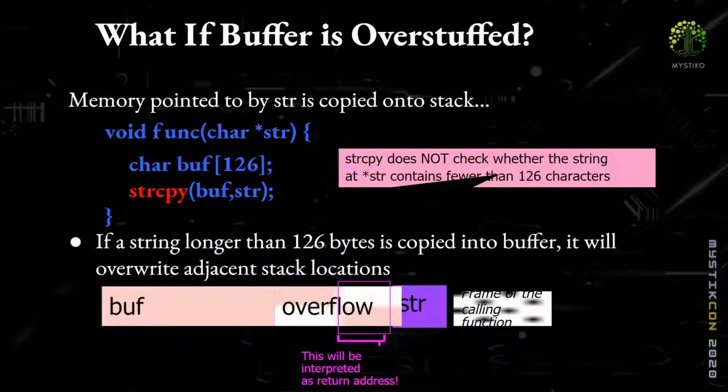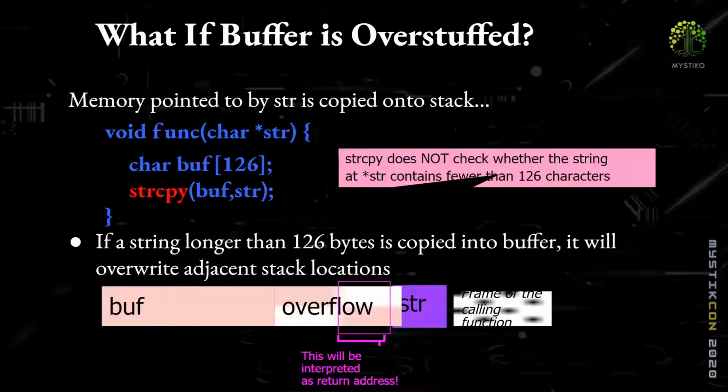Now the memory that is pointed to by str, if we see the strcpy function, will be copied into the stack, that is into the local variable buffer, which is of size 126 bytes. The thing with strcpy is that it will not check whether the string at str contains fewer than 126 characters.